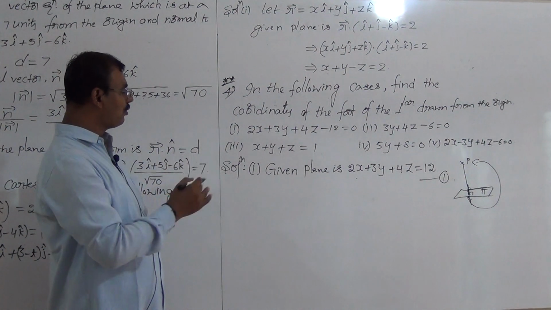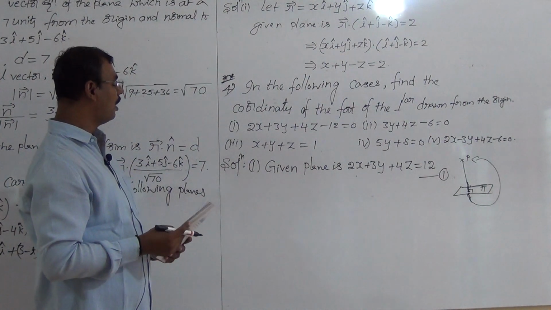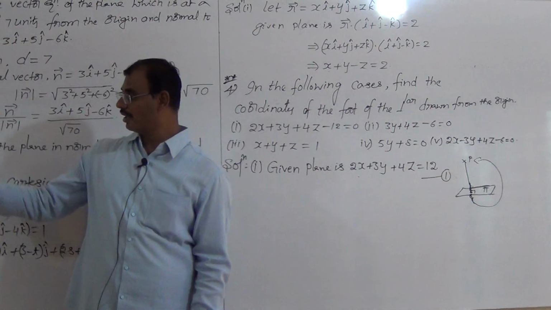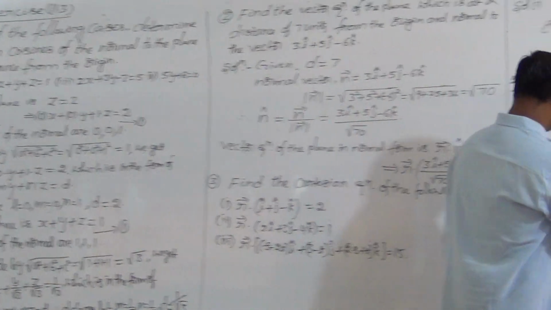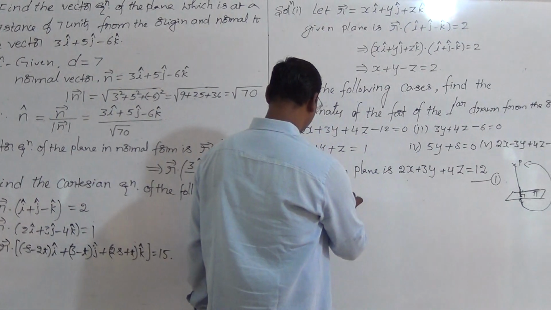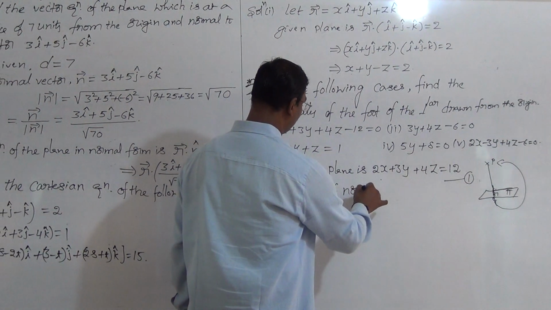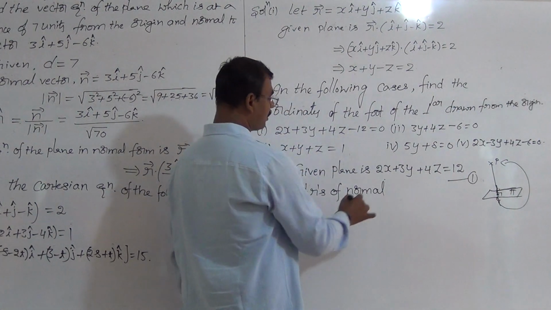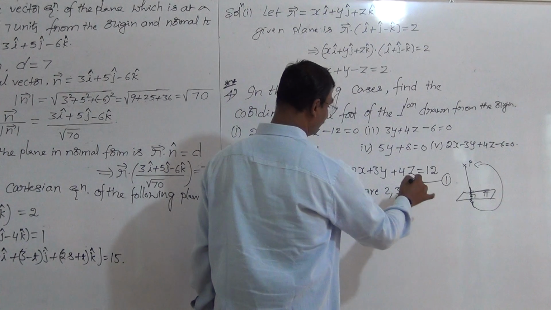We have to bring it into the normal form. That is important. How to convert into the normal form? Already two questions are completed. Now the direction ratios of the normal are 2, 3, 4.